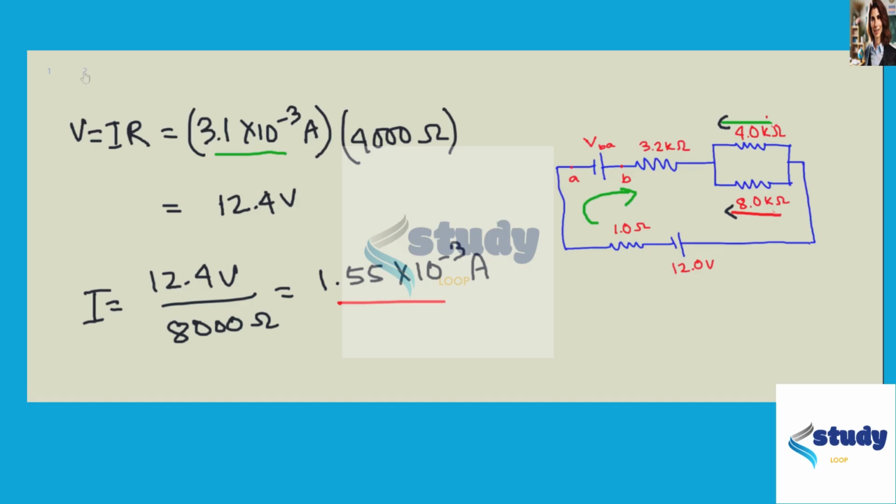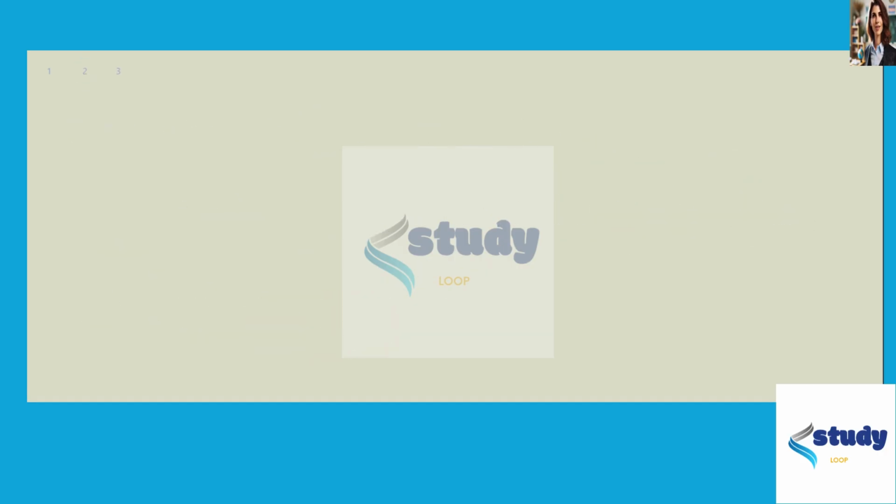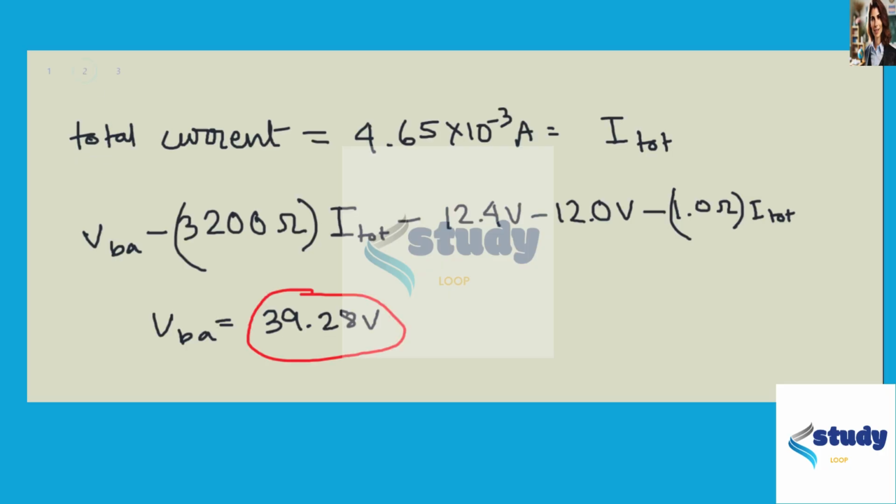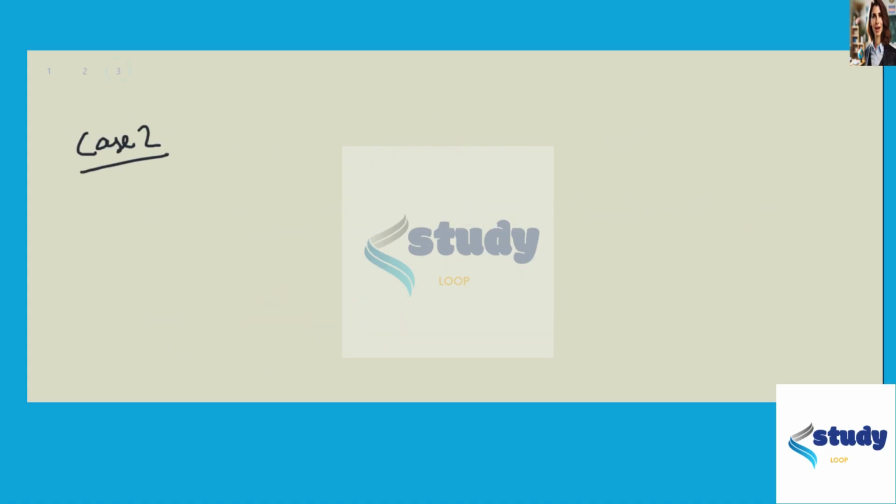So let's write that down. Let's call the first one case 1. For case 2, we have VAB plus 3200 ohms times I total, plus 12.4 volts, so there's a change in sign.